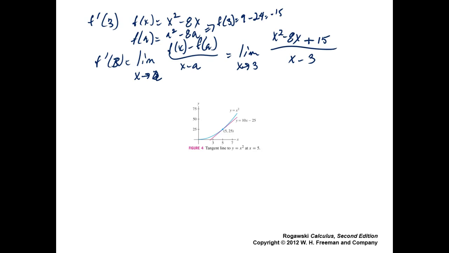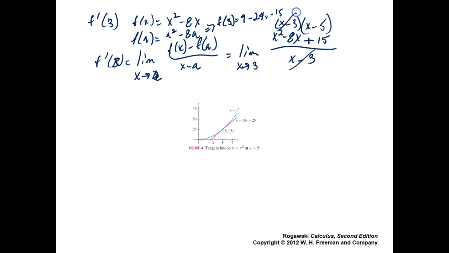Factoring. And can we factor that? We sure hope so. x times x, minus minus. Everybody following what I'm doing? What are two numbers that multiply to be 15 and add to be negative 8? Negative 3 and negative 5.